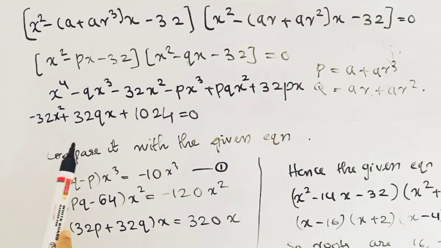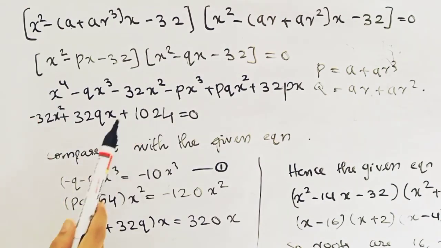The first term is x raised to 4 and the last term is 1024.